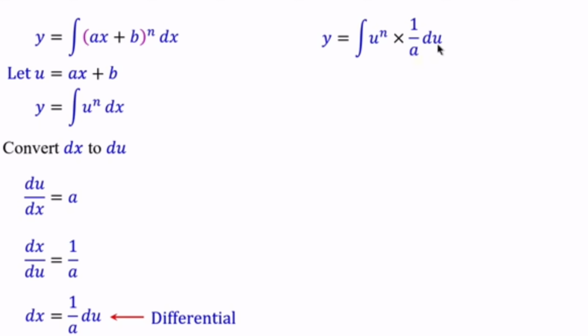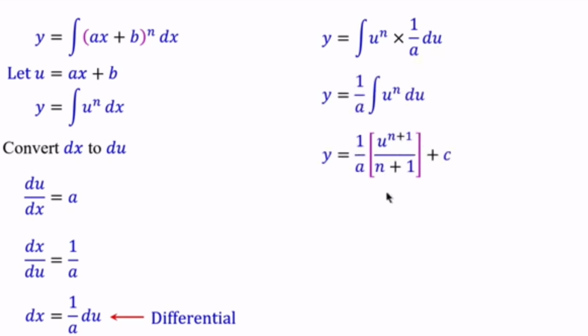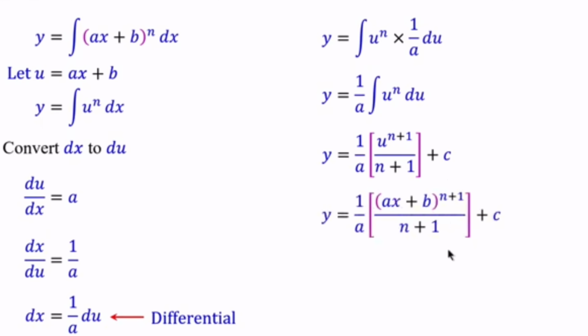Okay, so when you integrate, it's actually the reverse of differentiate, where you multiply. So for you to integrate u power n, you just raise up the power by 1 and divide by the power raised up by 1. Then finally you have to substitute back your u, which is ax plus b, because you are using ax plus b as a substitution, right?